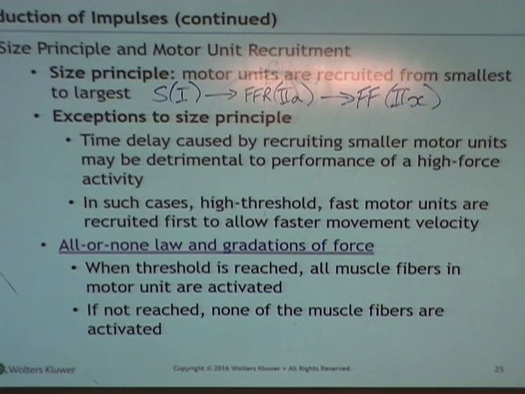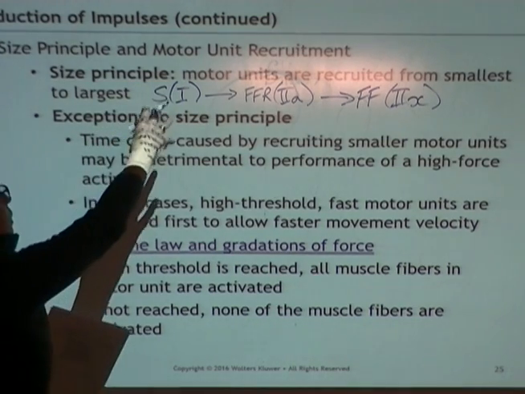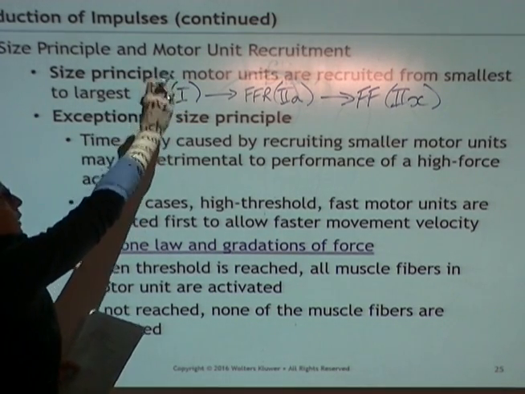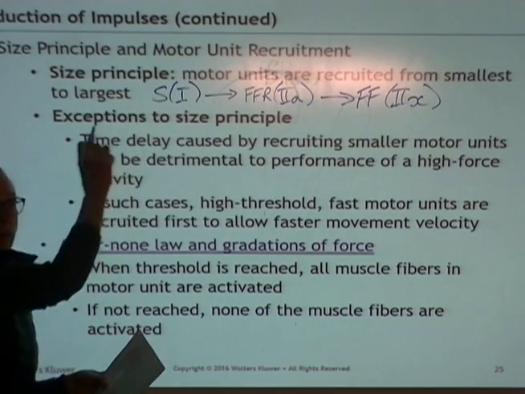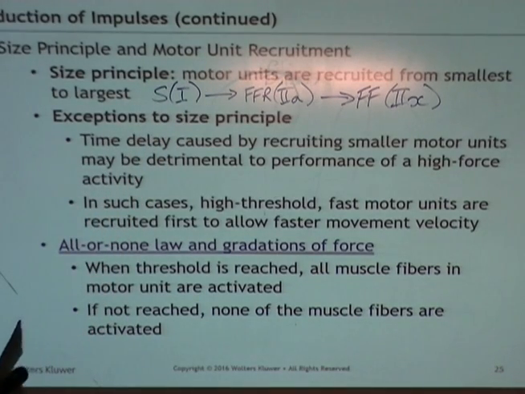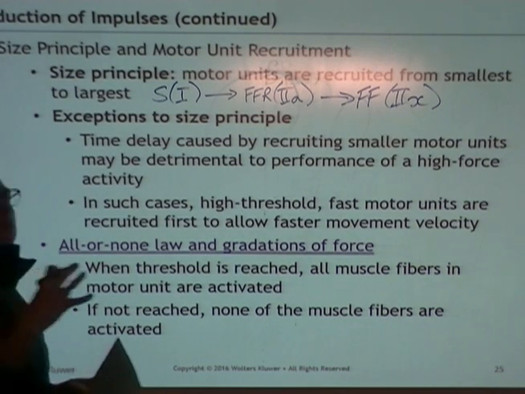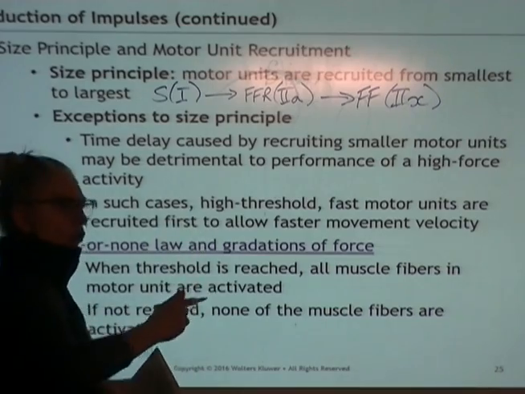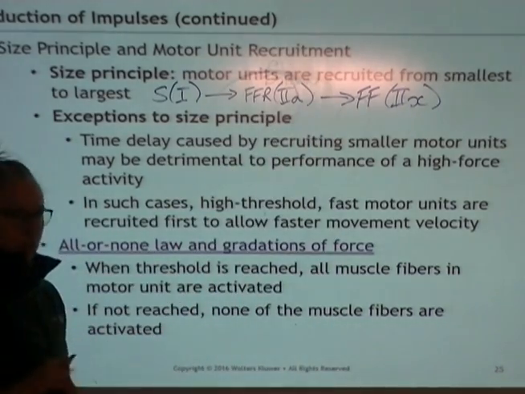So that means that I'm going to stimulate my type 1 fibers first, generally, and then if my brain realizes it needs a little bit more oomph to get the job done, it'll add on type 2As.